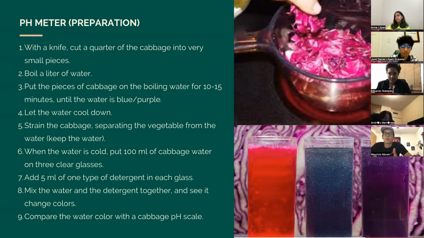When the water is cold, pour 100 milliliters of cabbage water into each of the 3 clear glasses. Add 5 milliliters of one type of detergent to each glass, then mix the water and the detergent together and see if it changes color. Finally, compare the water color with the cabbage pH scale.